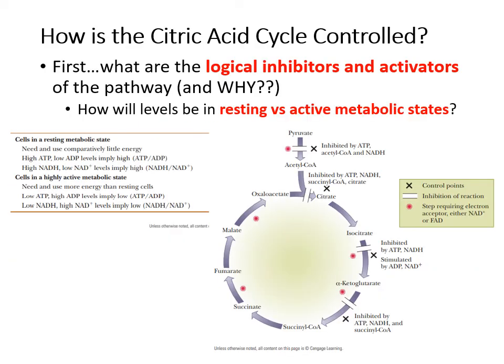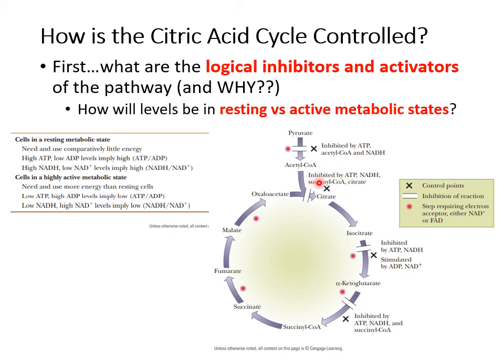So just like a lot of the other slides and pathways that we've talked about, the citric acid cycle is controlled in a way that's really logical if you think about what a cell needs at that moment and what the pathway is actually doing. Now, in this overall pathway, you'll notice that a lot of times a product of a reaction, so for instance, citrate in this case, will then be an inhibitor to the previous reactions.